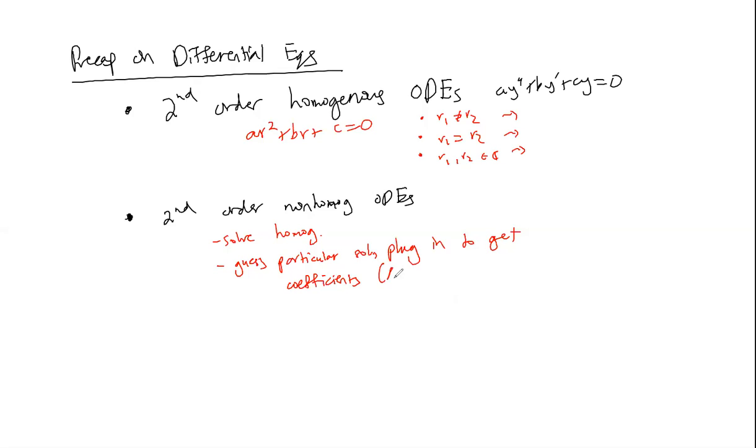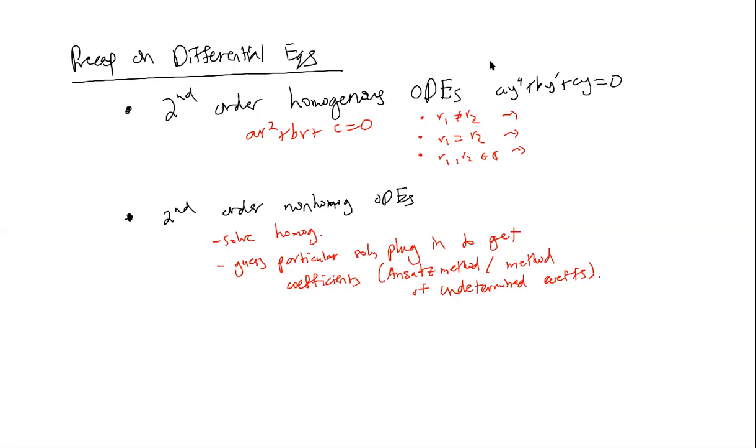This is sometimes called the Ansatz method, or the method of undetermined coefficients. Right, because you have coefficients in your guess and they're undetermined, and then you plug it in to determine them.